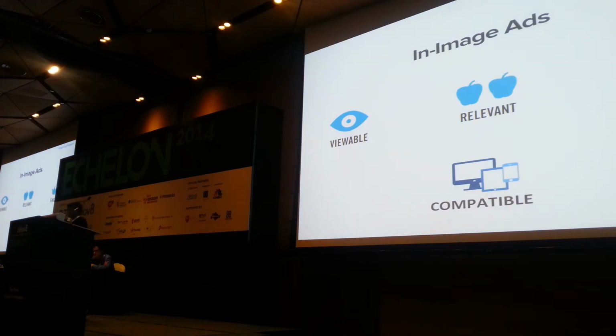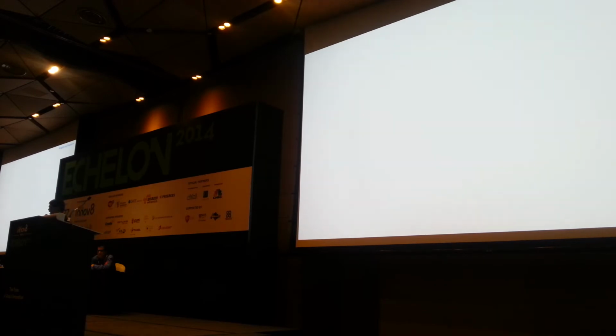In in-image advertising, the ads go inside the images, promising viewability of the ad. And the ad is relevant to the editorial and the image content, and that's why it's highly engaged. And it's compatible with all the devices which you see. You don't have to take my word for it. We did our testing.